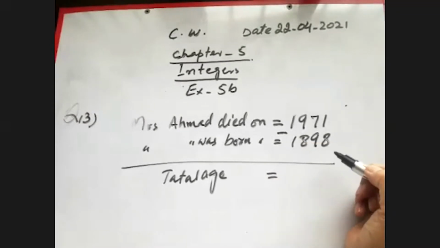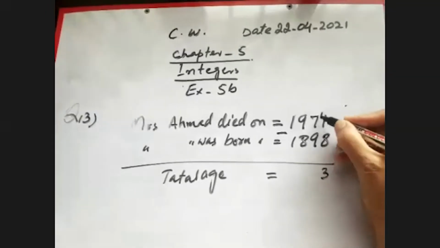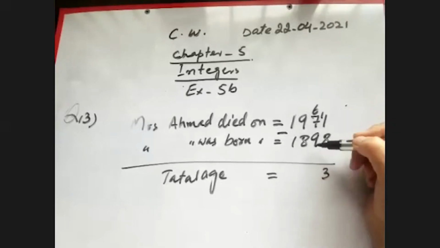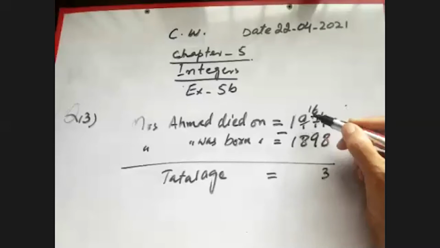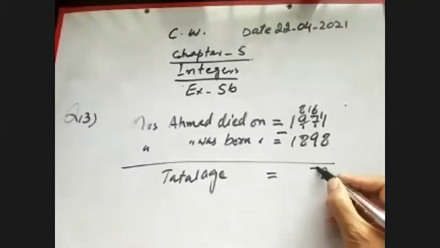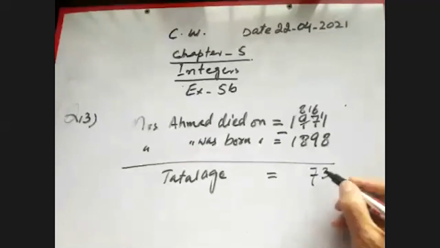11 minus 8 gives you 3. 6 here. You cannot subtract 9 from 6. So 16 and 8 here. 7, 73.